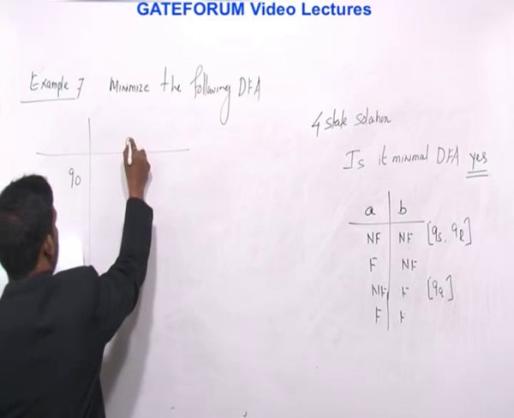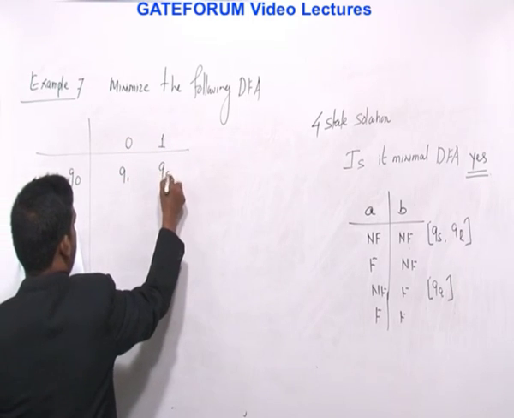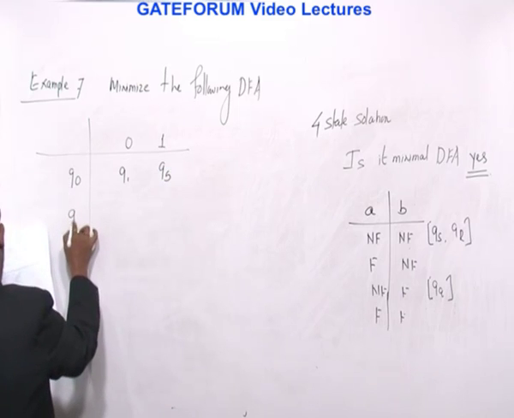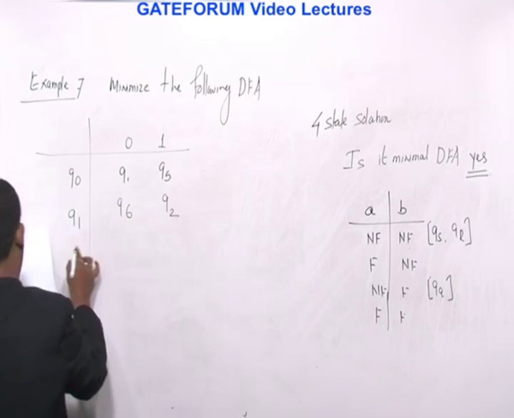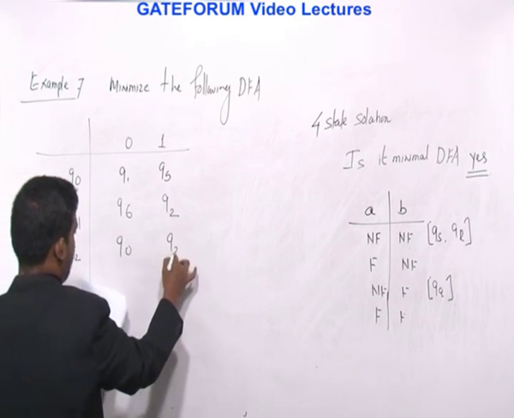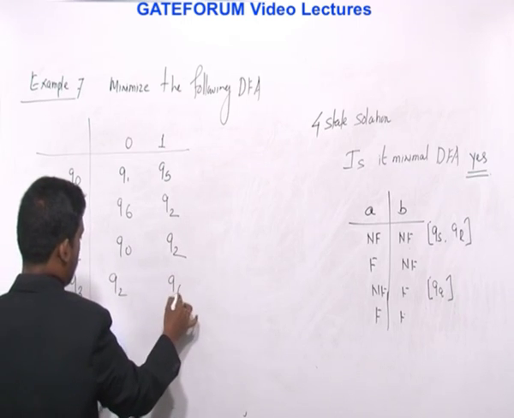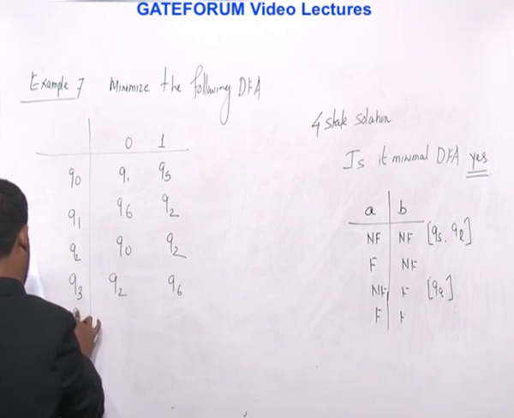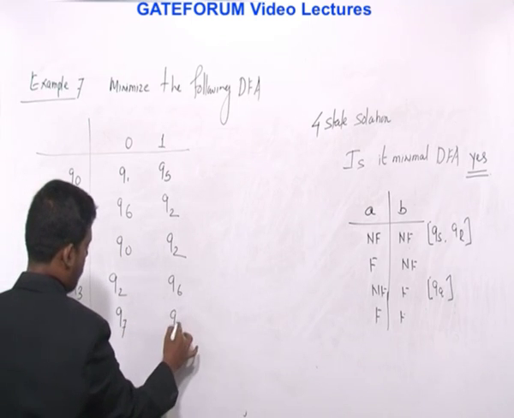So drawing the table: QS 01, 15, Q1 62, Q2 02, Q3 26, Q4 75.